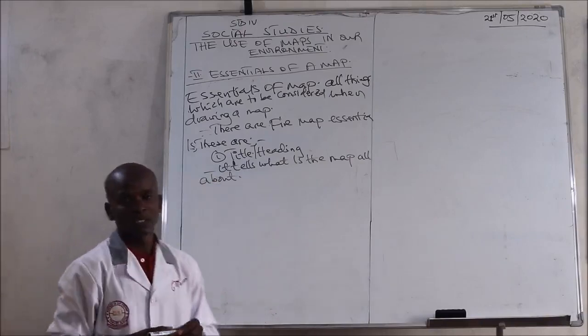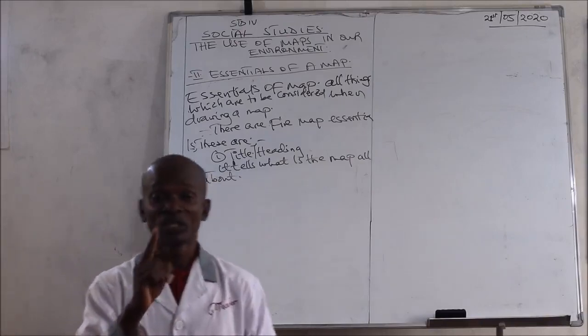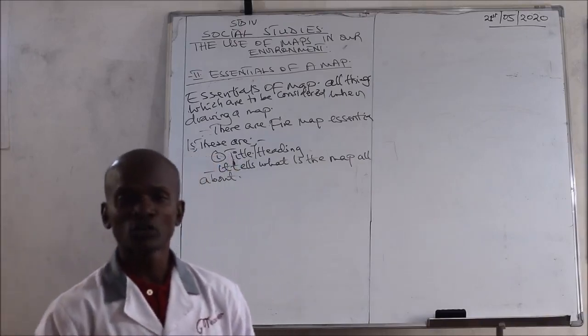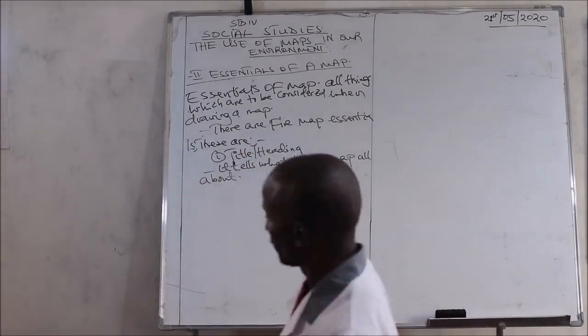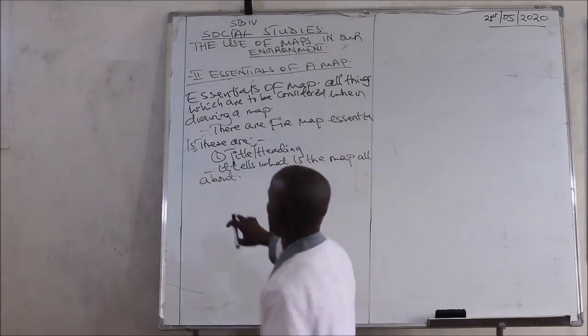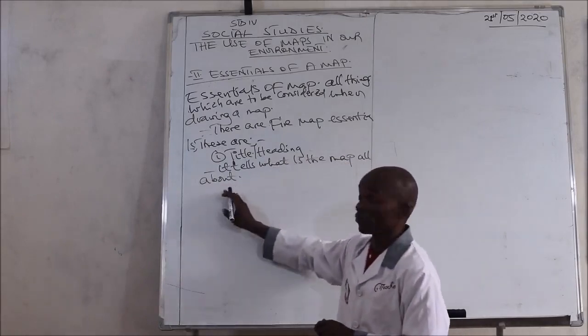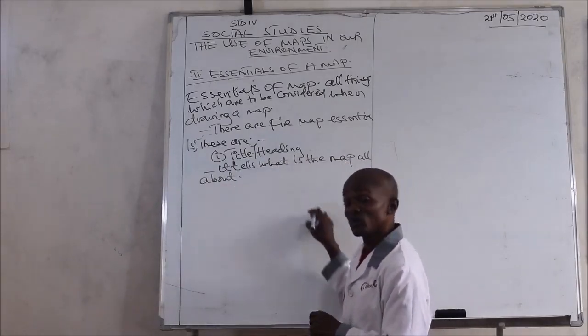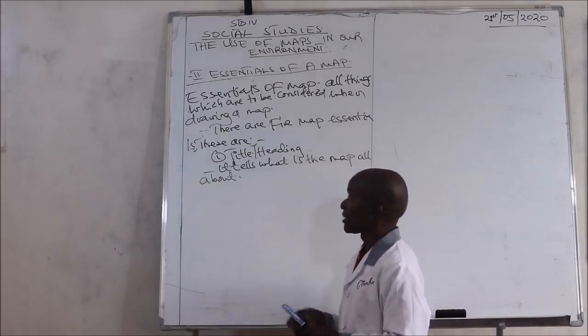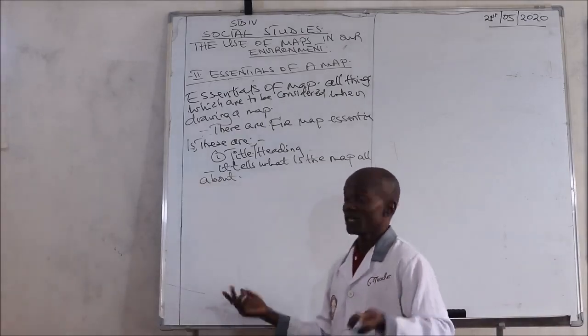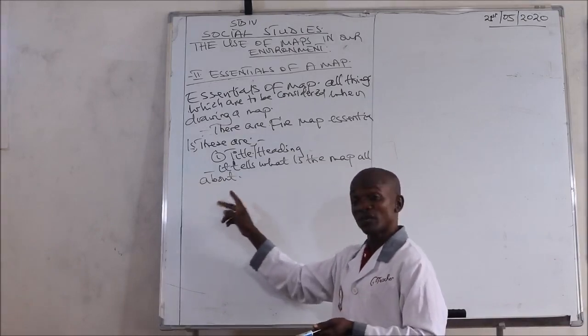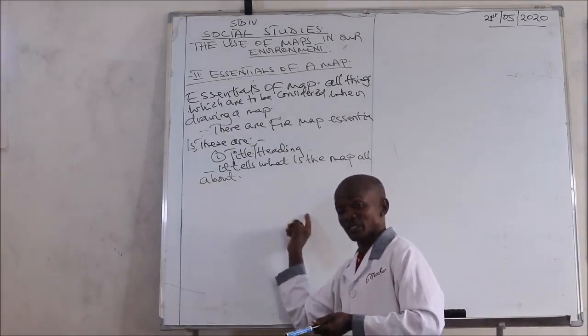Sometimes a map can be drawn just to show the physical features of a given place. Then you show the map of Tanzania showing physical features. Sometimes a map can be drawn just to show the regions of Tanzania. The map title can be the map of Tanzania showing regions.